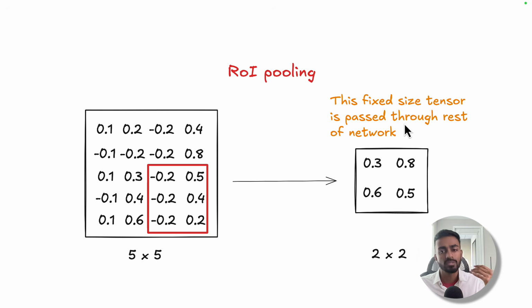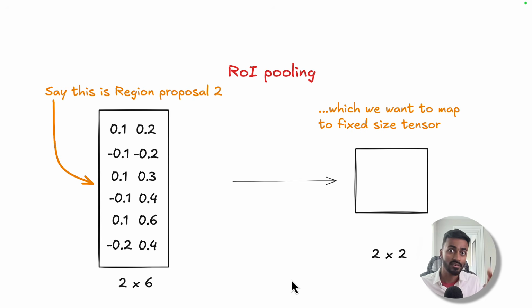Now to hammer home this point of what we're actually trying to achieve here, let's look at another region proposal. Let's say this is the second region proposal, but this time it's a longer one of 2x6 and represented by these numbers over here. So what we need to do now is map this to a fixed size tensor of 2x2.